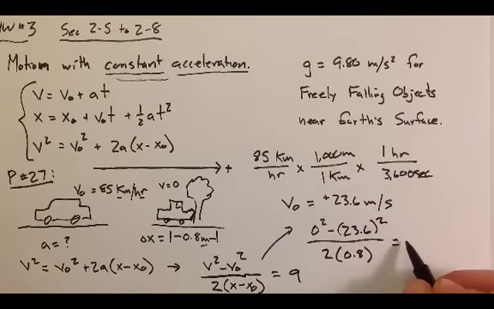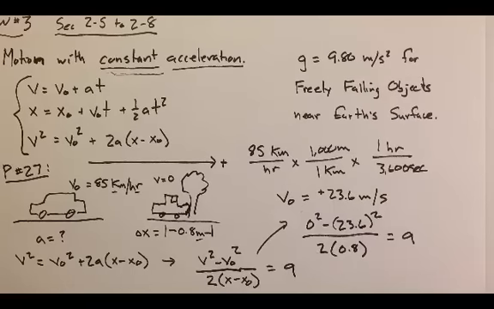And that should be my A then. Okay. And if I plug all those numbers into my calculator and round to the correct number of significant figures, I would get that A is equal to negative 350 meters per second squared, which is a big acceleration.